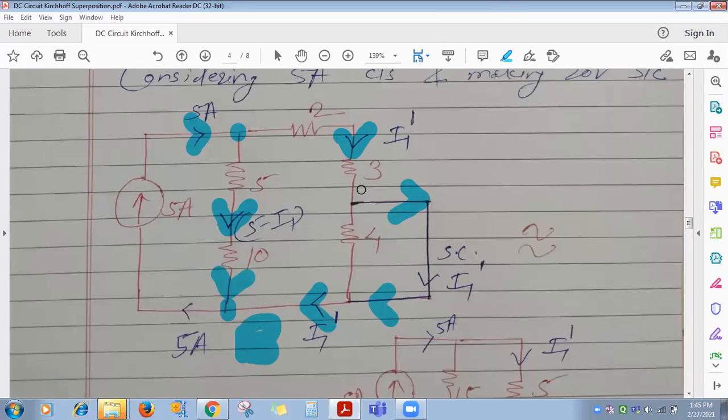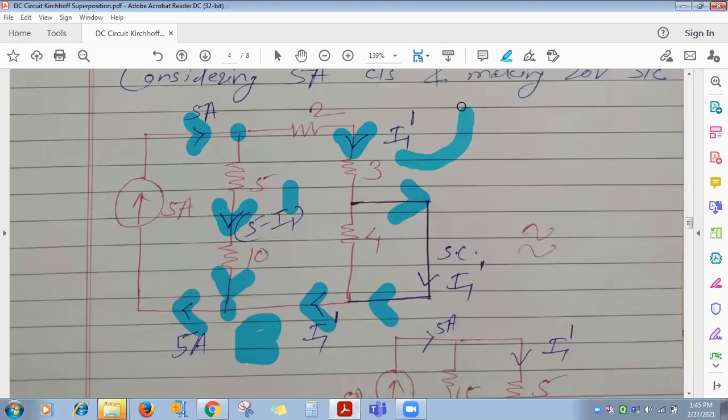Sorry, here it should be 5 minus I1 dash. Please correct it, everyone, in the notes. By mistake I have not written the dash. So 5 minus I1 dash here, and this side I1 dash is coming. So what will be this current? 5. Got it, everyone? Up to this.